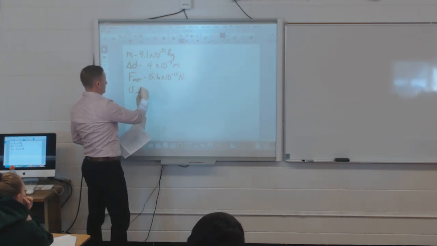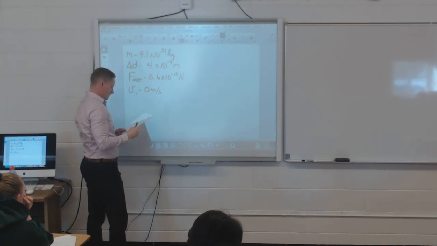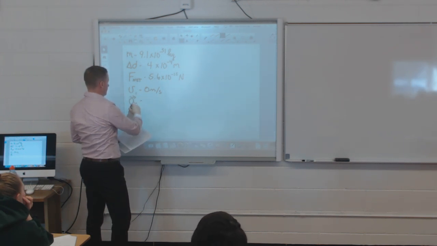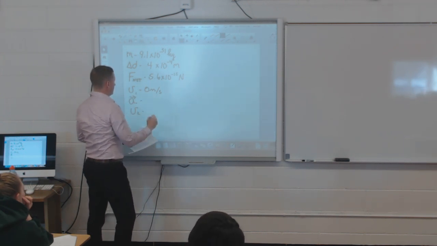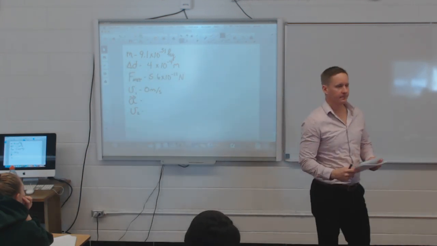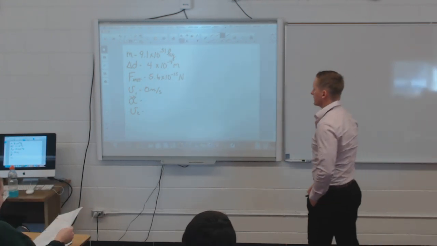Starts from rest. It wants you to find the final velocity, does it not? Acceleration and final velocity. Okay, so what's the first thing you want to find? Eli? Probably your acceleration. And how would you get your acceleration?